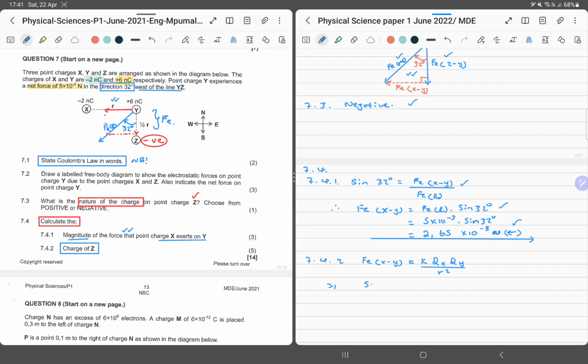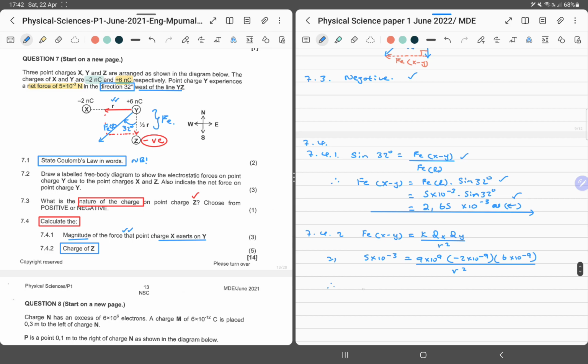This implies that 5 times 10 to the minus 3 is equal to 9 times 10 to the 9, that one was minus 2 times 10 to the minus 9, into 6 times 10 to the minus 9 over r squared.